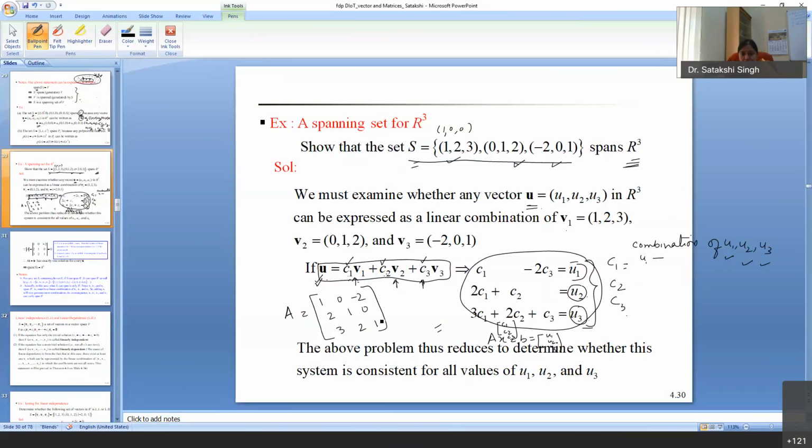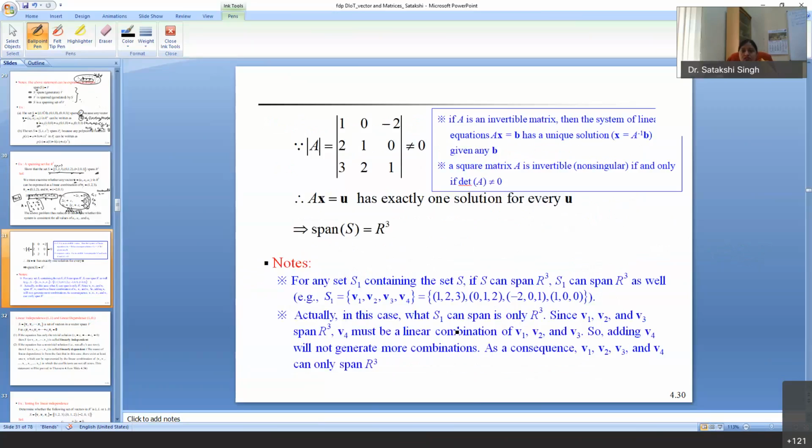You might have studied already how to solve a system of linear equations using matrices by writing it in the form Ax equals B. In the simple form, if the determinant of A is not equal to 0, then we say we have a unique solution for the given system of equations.